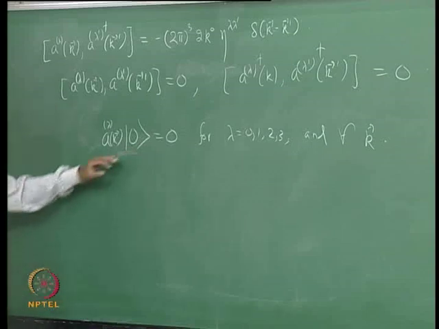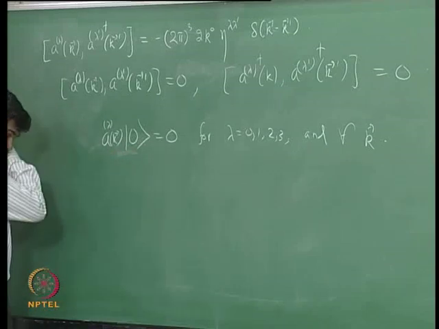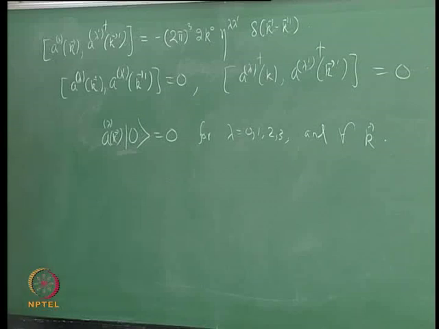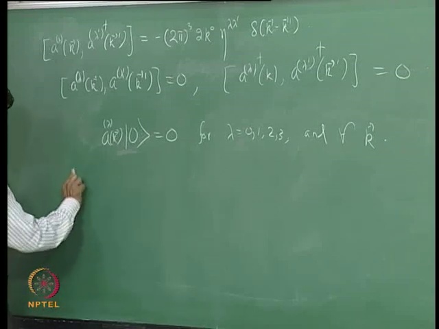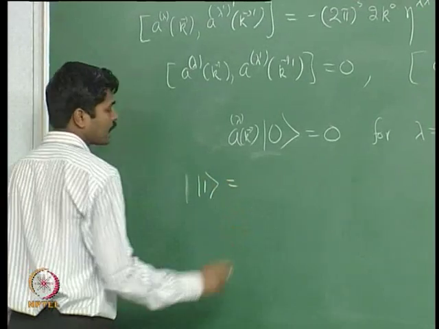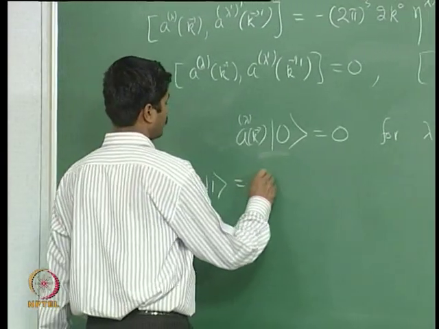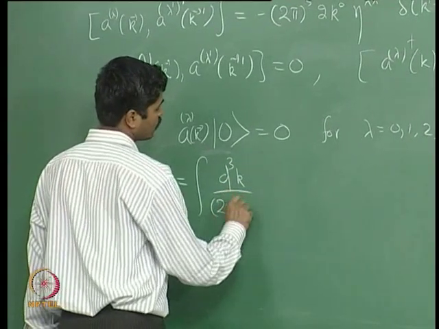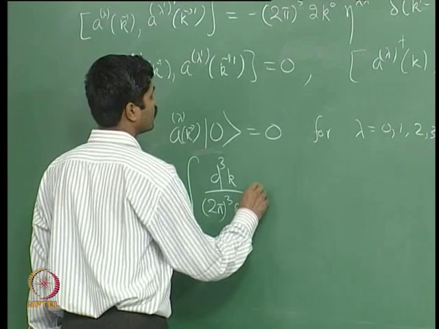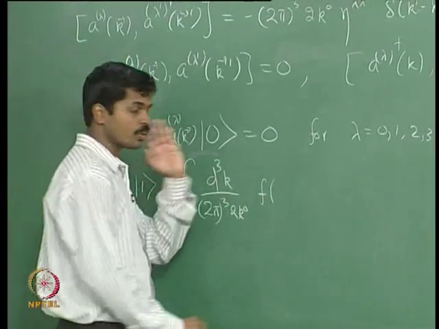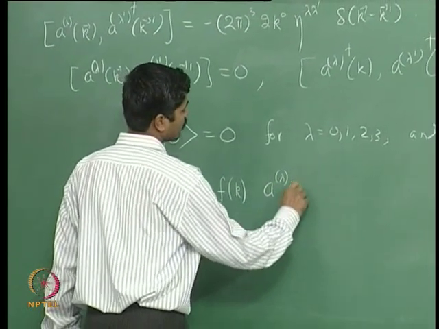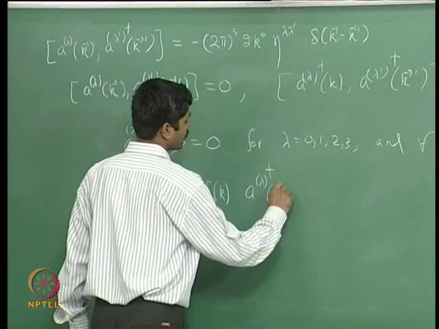The reason is the following: you look at the one particle states which correspond to, let us say, scalar polarization. The Fock space of one particle states is usually of this form: you consider d3k over 2 pi cube 2 k 0, some distribution in the momentum space f of k, A lambda dagger of k acting on the vacuum.